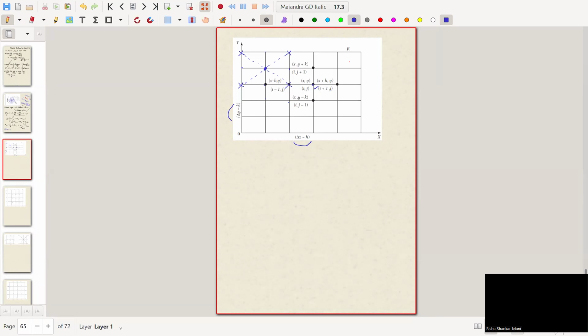Initially, all of these nodes are unknown to you. Either with the standard 5-point formula or the diagonal formula, you will first find the initial values, then apply the method which I am going to teach you now.